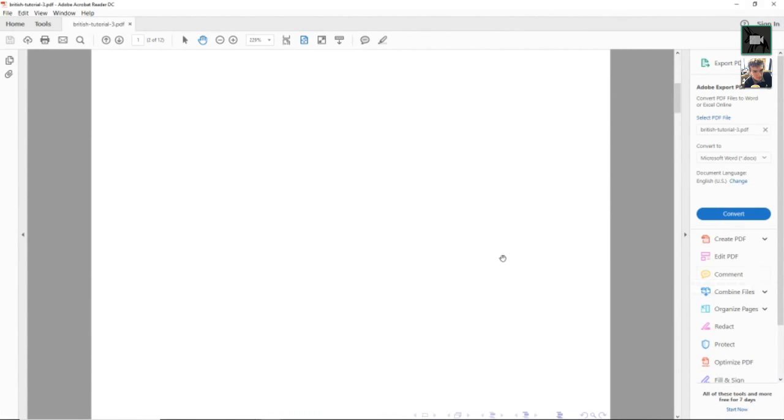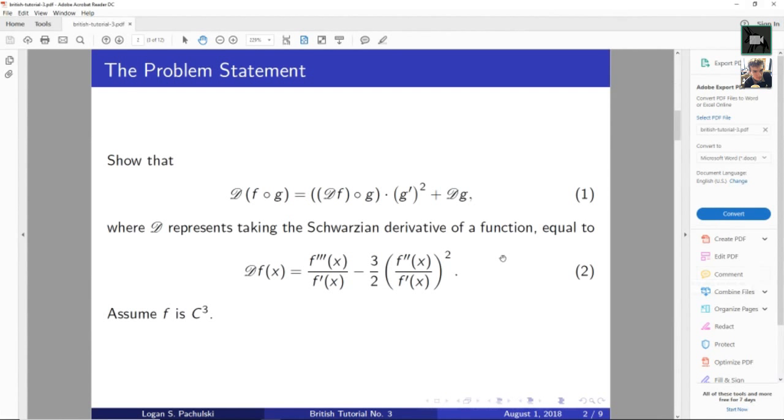Anyways, slide number 1. What we want to show today is that the Schwarzian derivative of a composition of functions is equal to the Schwarzian of the former composed with the latter function, times the latter function's first derivative squared, plus the Schwarzian of the latter function.